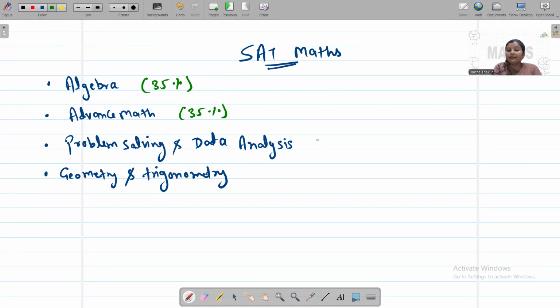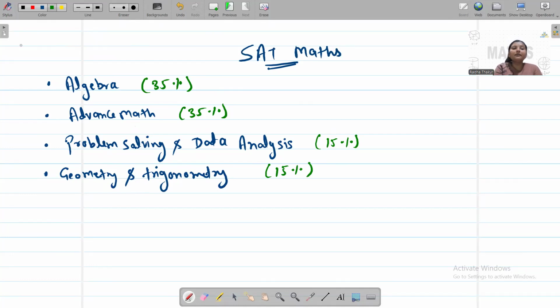From problem solving and data analysis, 15% of questions, and similarly 15% of questions from geometry and trigonometry. So the maximum 35% of questions come from algebra and advanced maths.